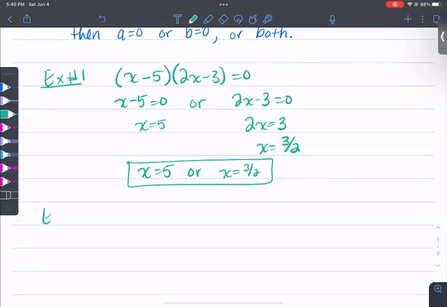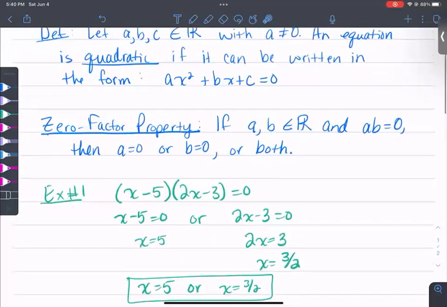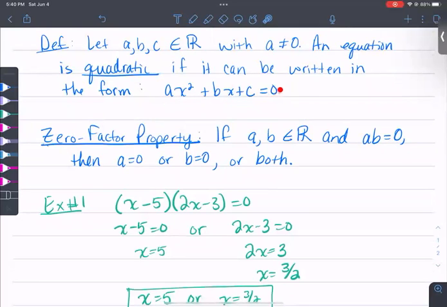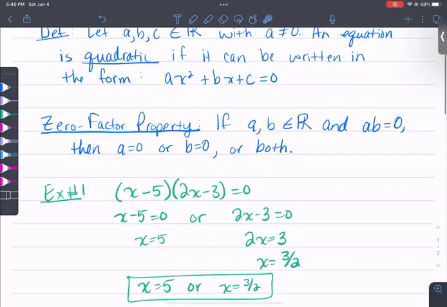Example number 2, we're going to need to do a little bit of extra work. We have x squared minus 8x equals negative 15. So when you begin solving a quadratic, you have to start by putting it in this standard form that we saw above. So it needs to be set equal to 0, the x squared term, then the x term, and then the constant.